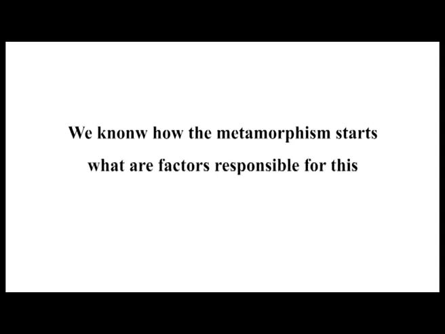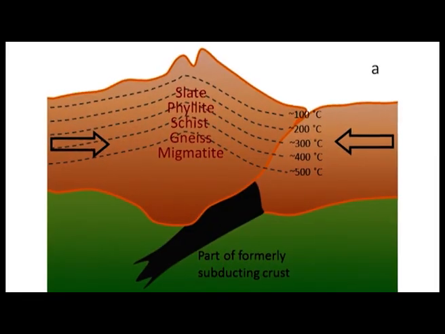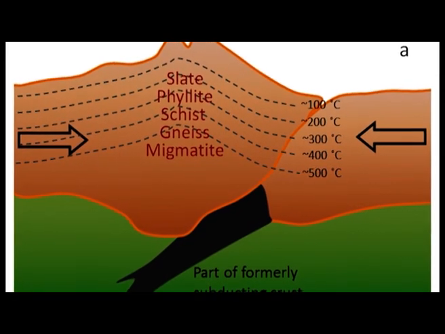We know how metamorphism starts, what factors are responsible for it, how it proceeds and why it stops. The answer we can find through the relation of metamorphism with igneous activities, deformation, magmatism and metamorphism, and the role of geodynamics, especially the role of the mantle and asthenosphere.